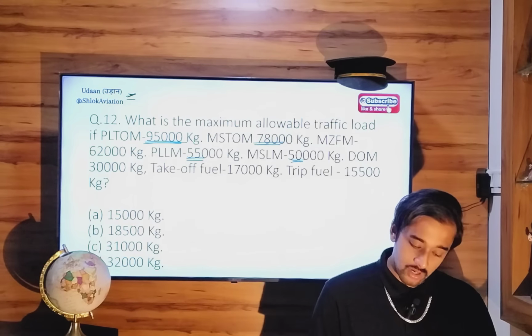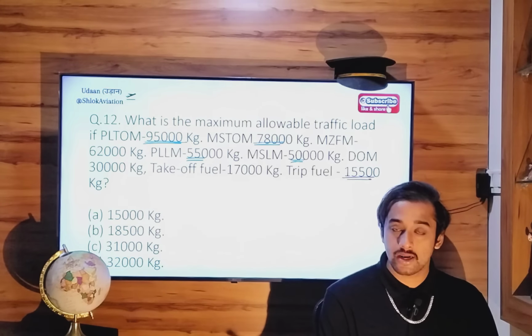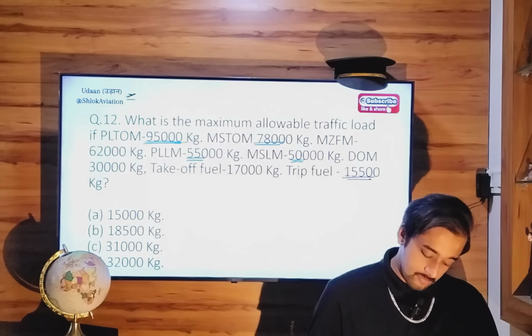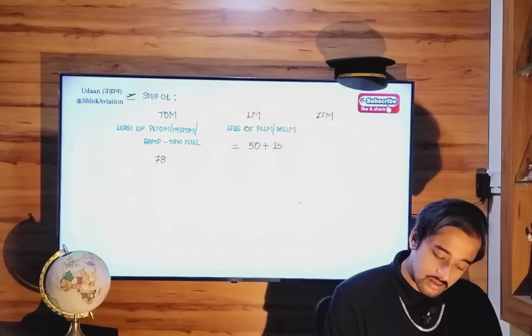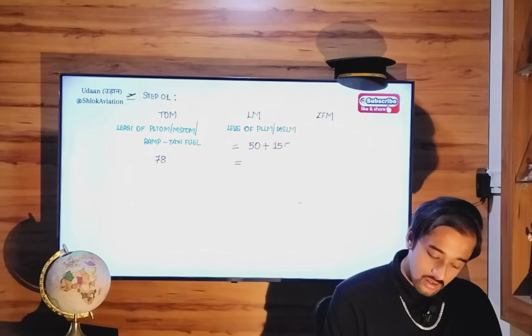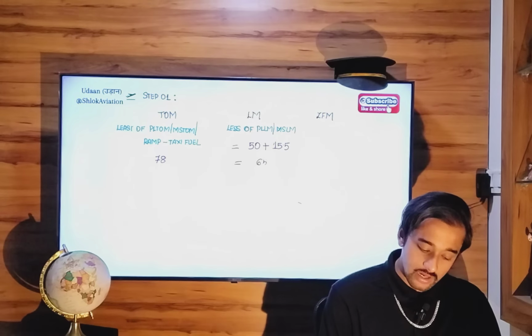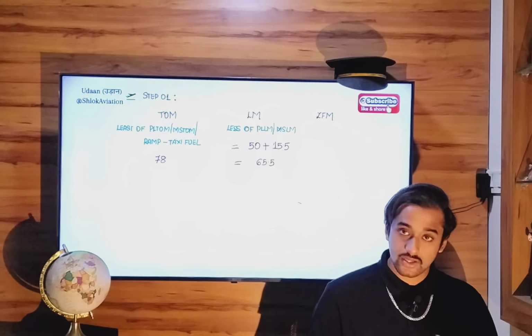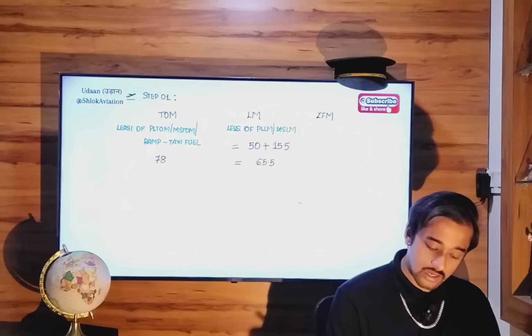Trip fuel is 15,500, 15 decimal 5, which is equal to 65 decimal 5.